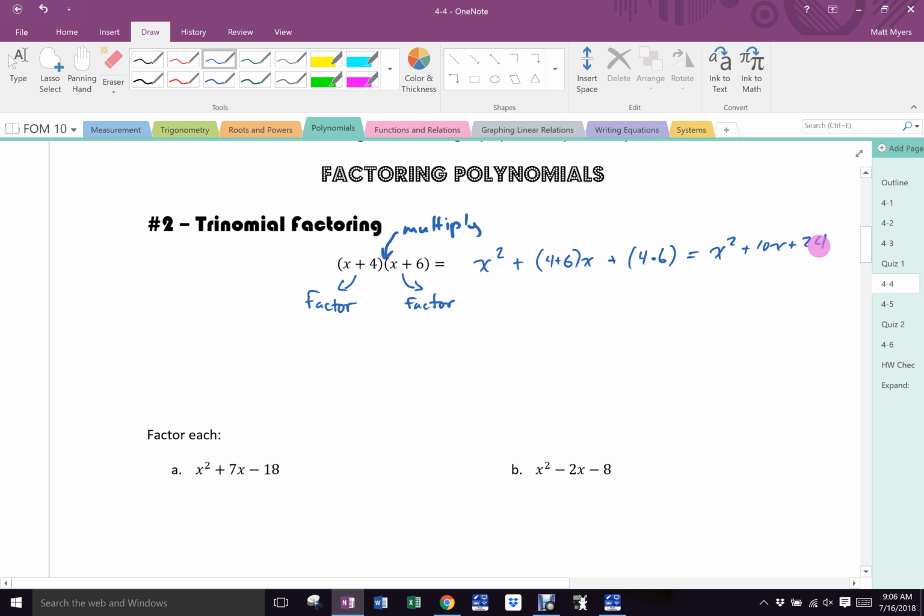Now, what really happened there was I had x plus 4 times x plus 6, and I did distribution twice. And I got x squared plus x times 6, 6x, plus 4x plus 24. And then I added it up to get x squared plus 10x plus 24.